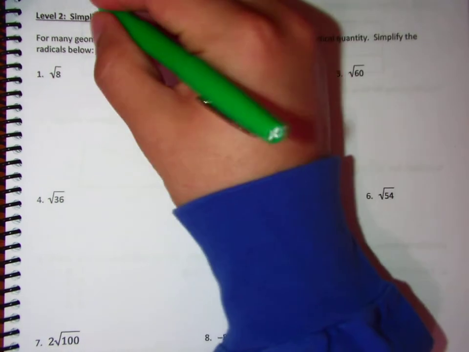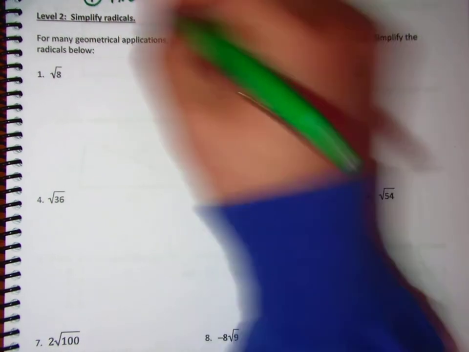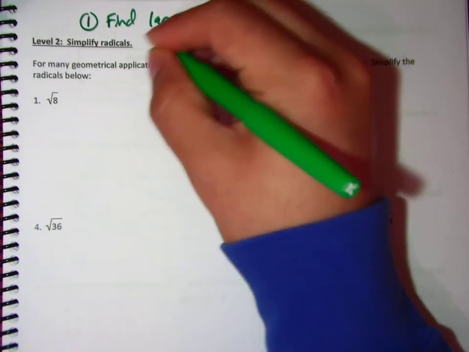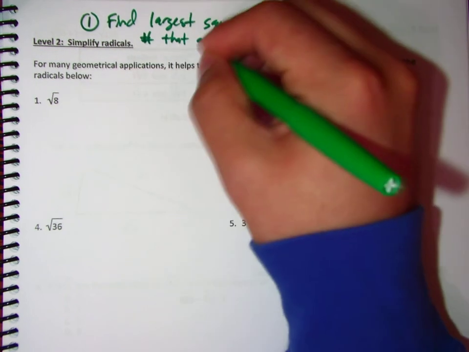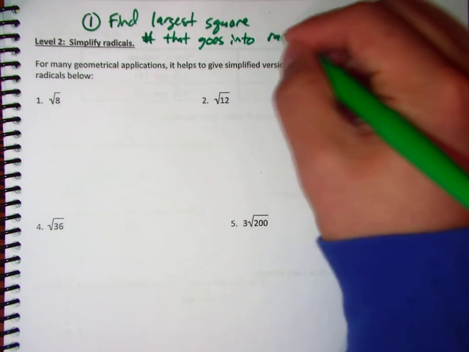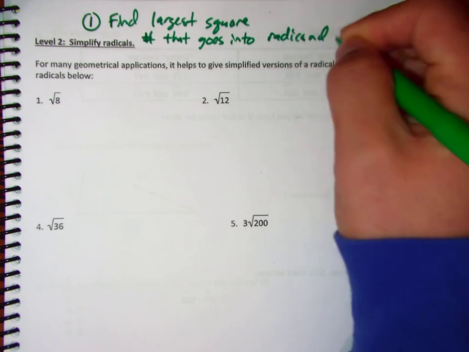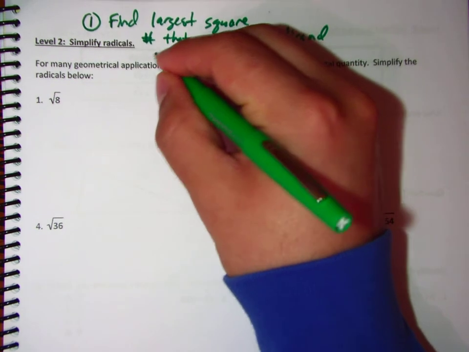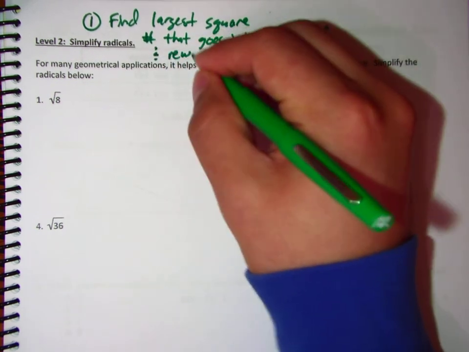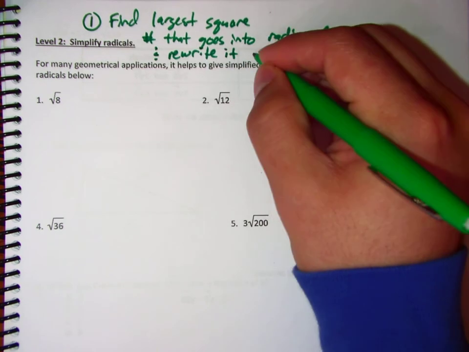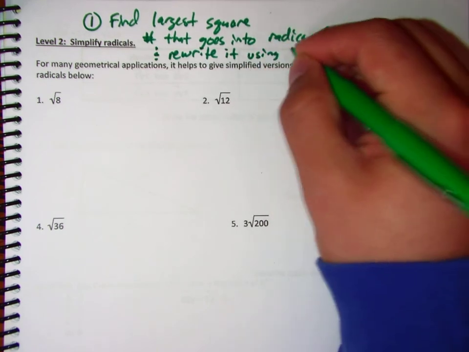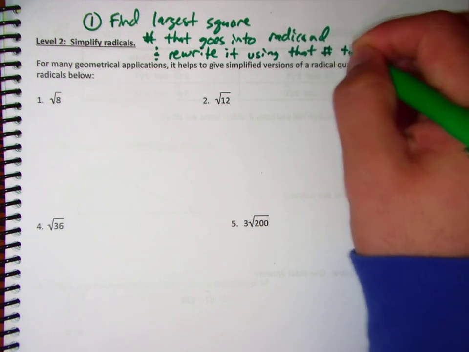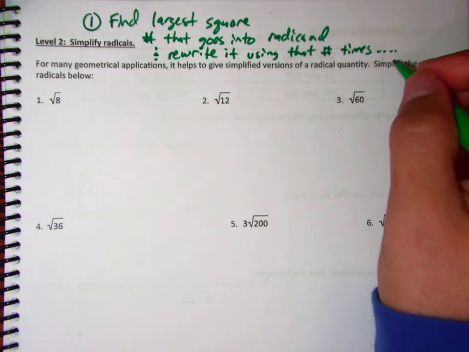The first option is you find the largest square number that goes into the radicand and rewrite it using that number times whatever is left. And so here's what I mean by that.